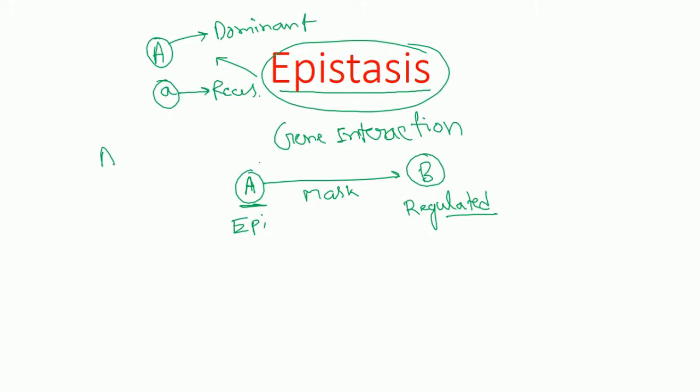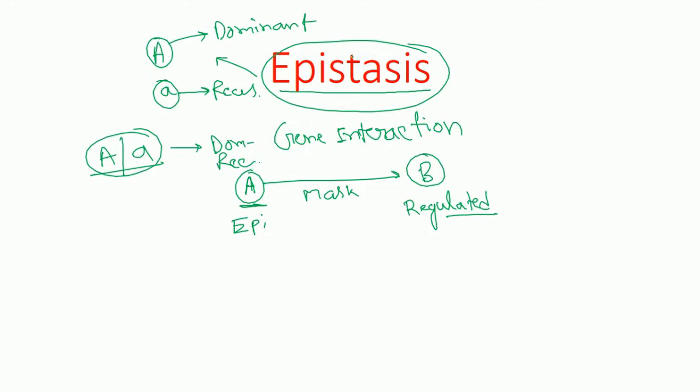If either the dominant or recessive form of the epistatic gene masks the effect of the regulated or hypostatic gene, that will be known as dominant recessive epistasis.